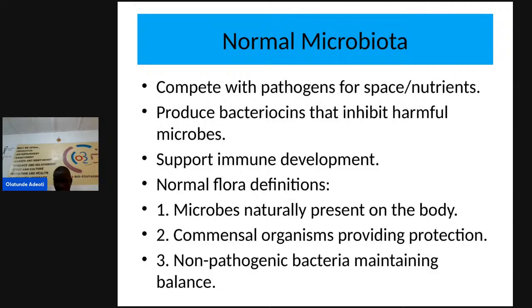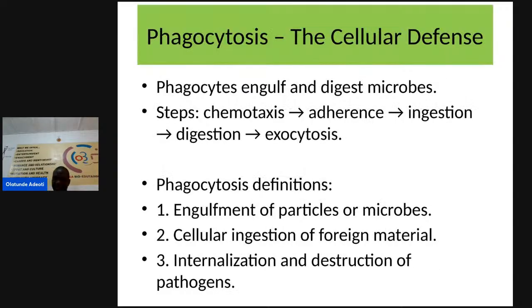Although they might be opportunistic, in the sense that whenever your immune system is low, they can take advantage of that and cause infection. But that is not our focus for today. We just want to see the generalization of how the innate immune system plays certain roles and what components it has in order to protect the human body against certain infection.